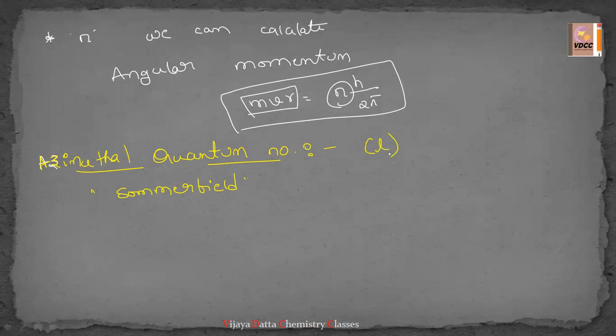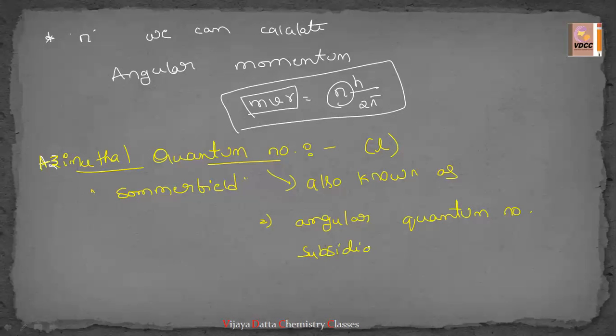It is also known as the angular quantum number, or subsidiary quantum number, or secondary quantum number.